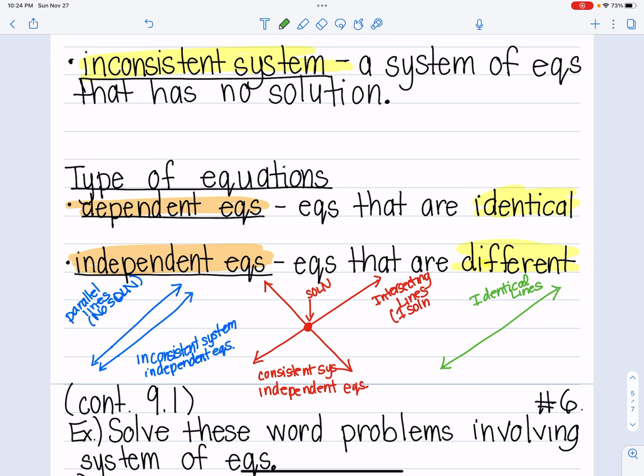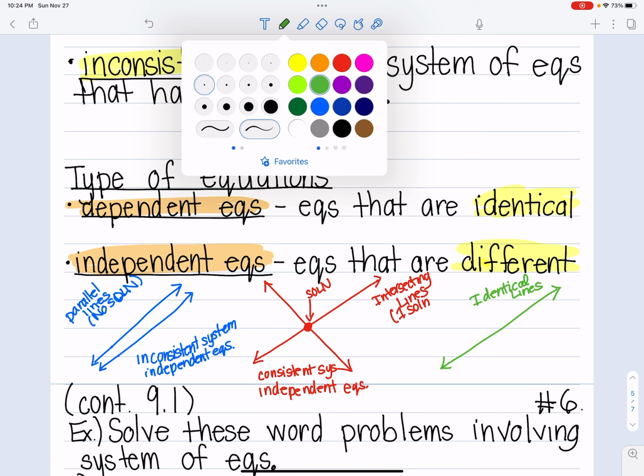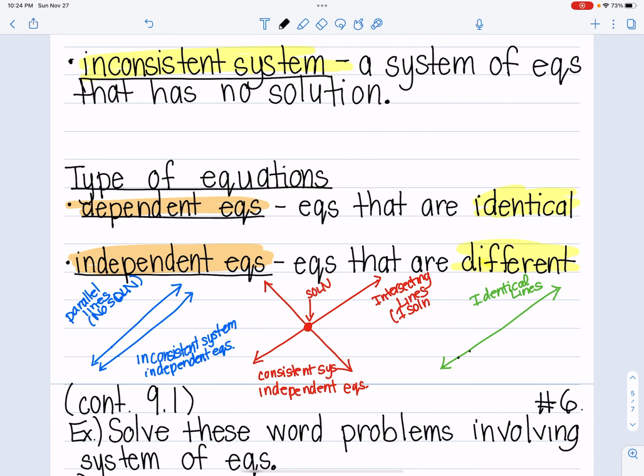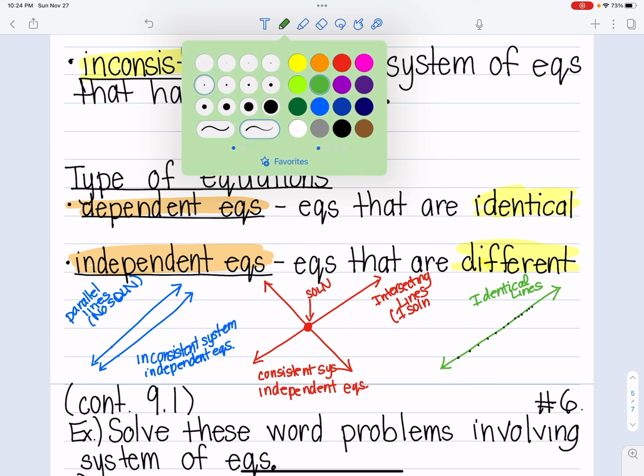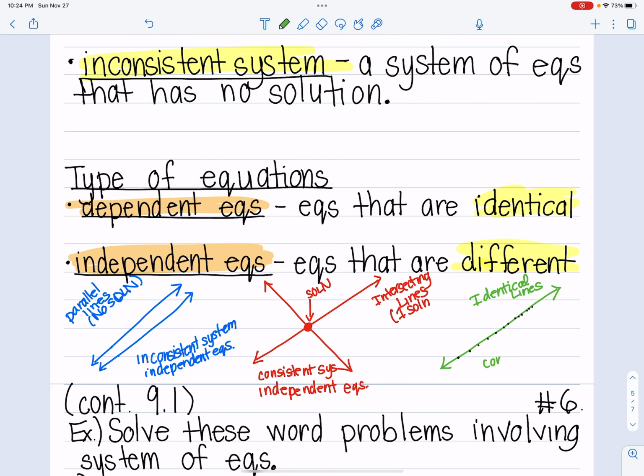So, yeah, every point on this line, so let me do the black dot. Y'all see that every point on this line, there are so many points on this line, is a solution. So it is a consistent system, because every point on the line is a solution.